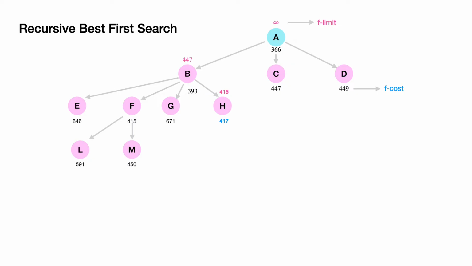So once again we stop pursuing node F and we update node F with the best value of its children, which is node M's f value, 450. We also keep track of the alternative path for node F, which is 417. So we once again pursue node H because now the node F value is 450.